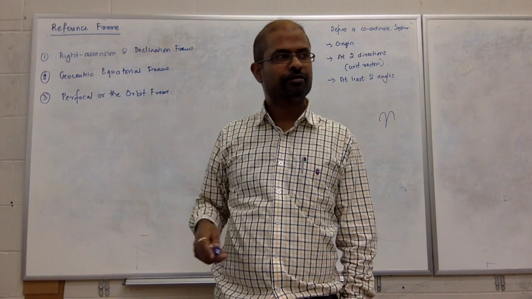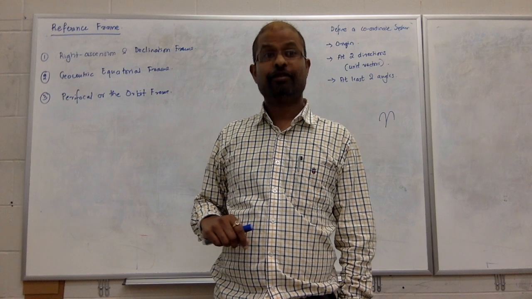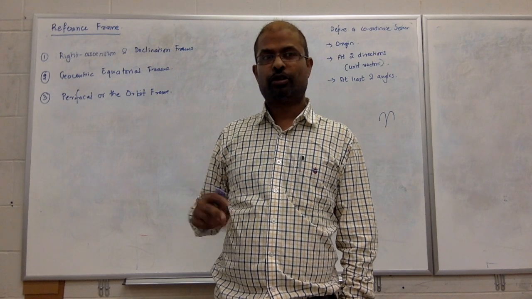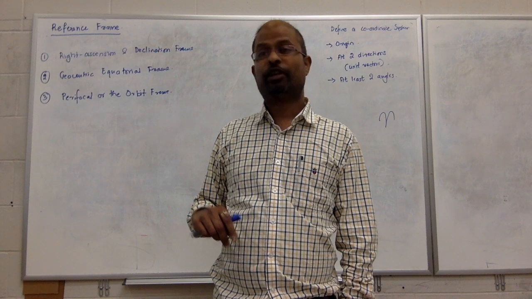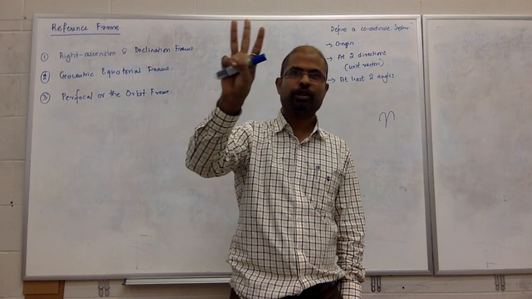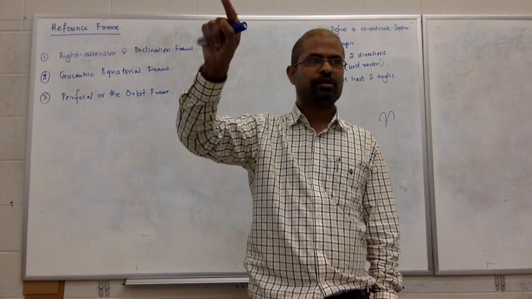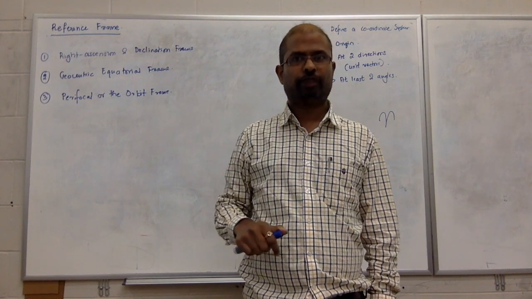Is there XYZ? Not polar. Oh, cylindrical? It's spherical. It's a sphere, it's spherical. So in spherical, there are three: there is the radius, there is one angle, and then there is the other angle, right?